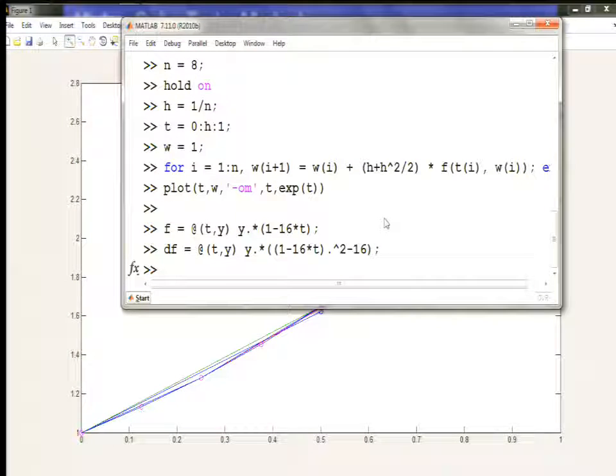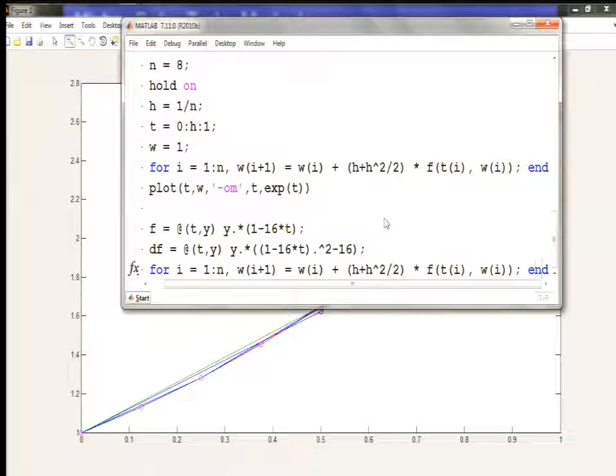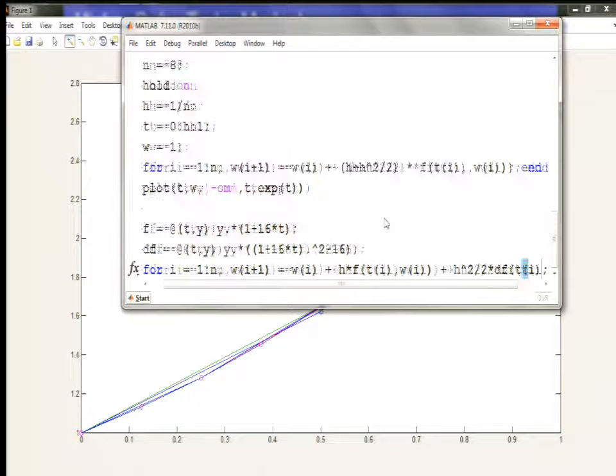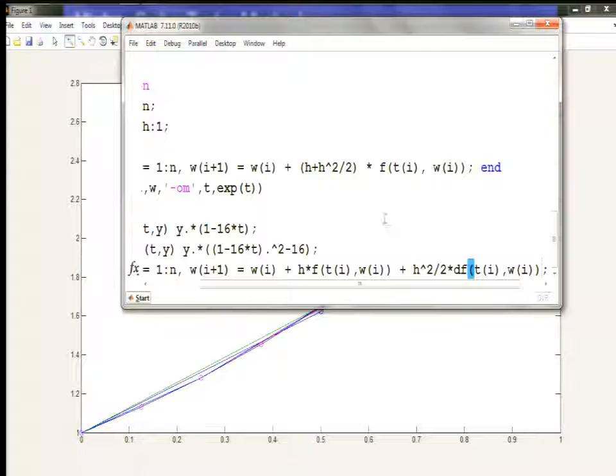And now the Taylor method is just, so this was a special case, but in general it's really just h times f of ti, wi plus h squared half times df of ti, wi. Keep one more Taylor term. That is what the method is.